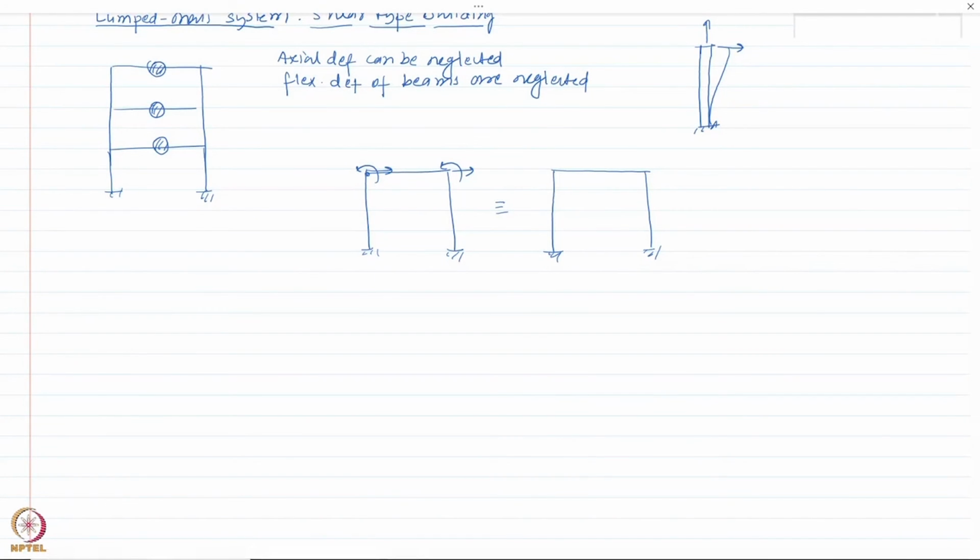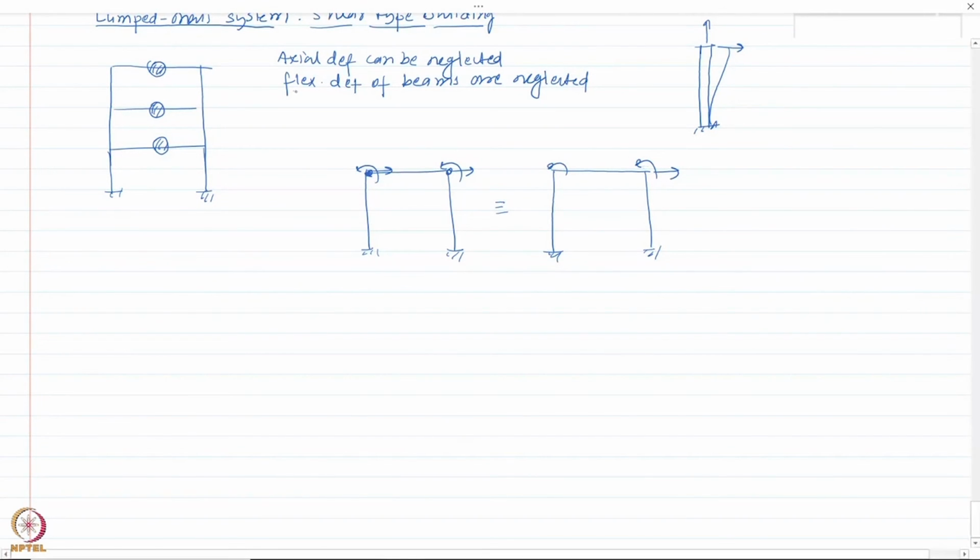And there is no axial deformation in the beam, so the deformation at this point and at this point would be the same. So I can write down a single degree of freedom to represent the horizontal deformation. I still have these two deformations, which is basically the deformation along the flexure degree of freedom at these two nodes.